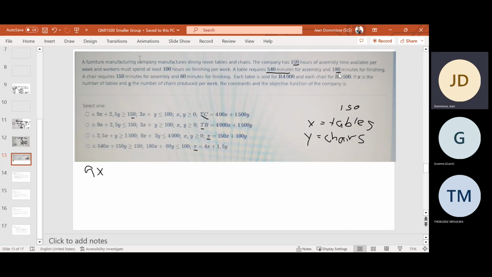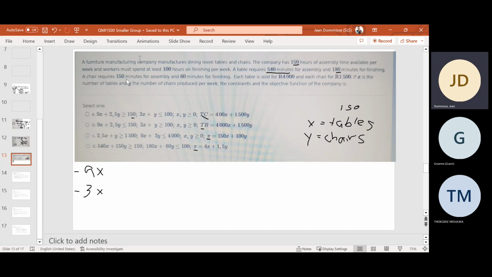It takes 180 minutes for finishing. So 180 divided by 60 is 3. So that is another one. We will put in the y's now.